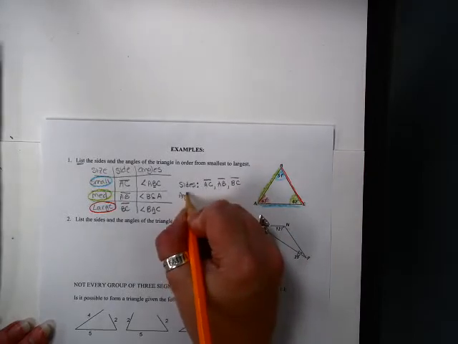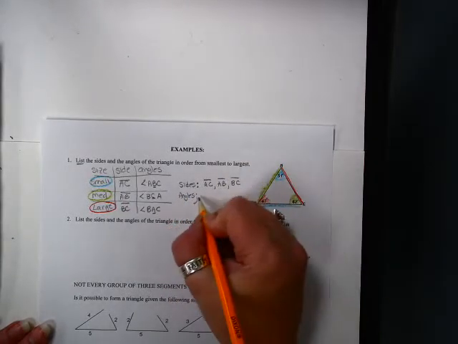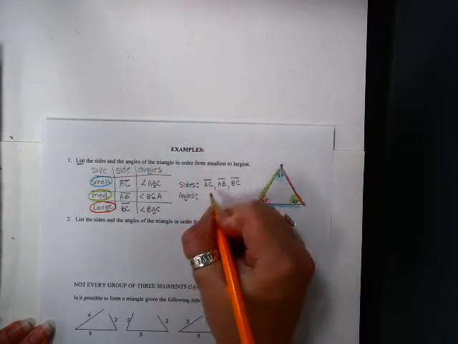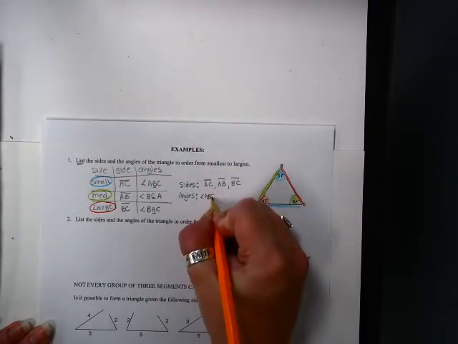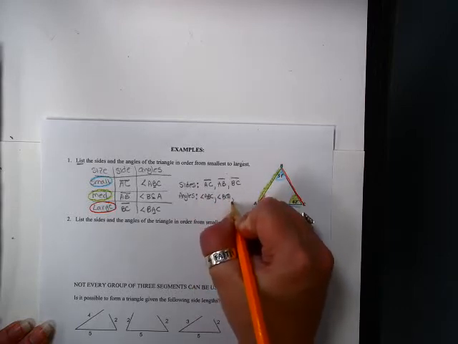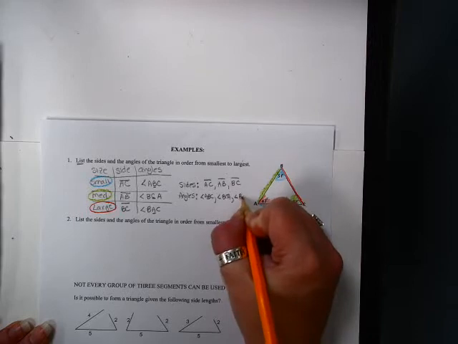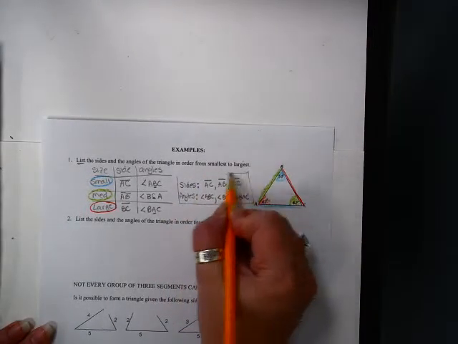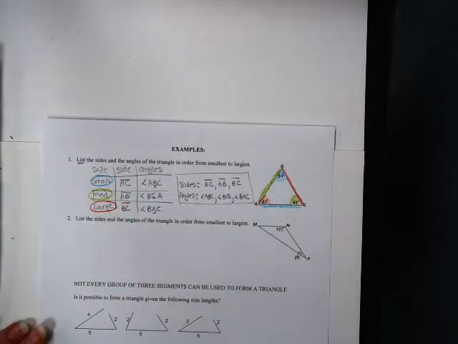Angles would be angle ABC, comma, angle BCA, comma, angle BAC. And there's my answer right there. This just helps me get them in order.